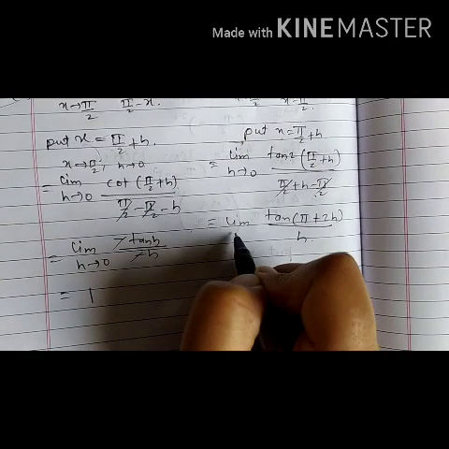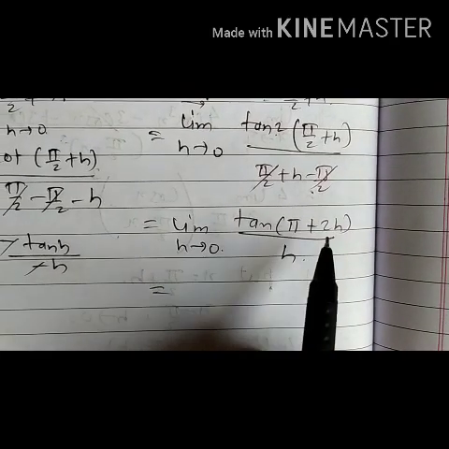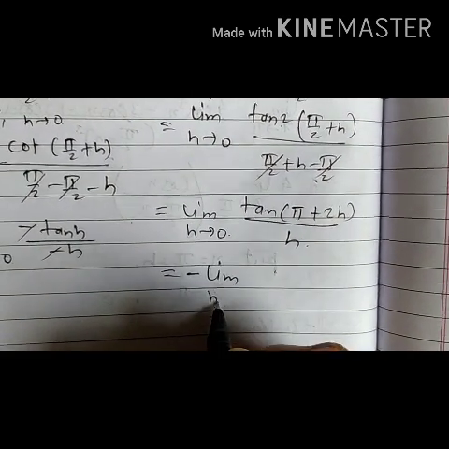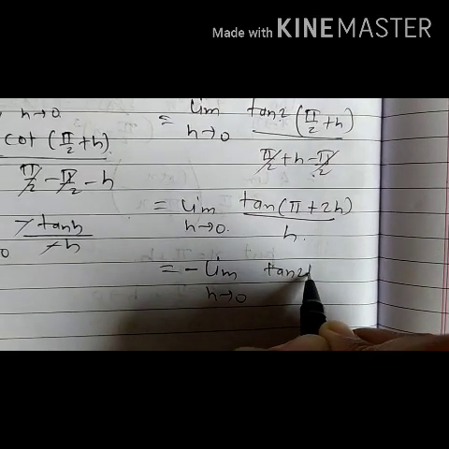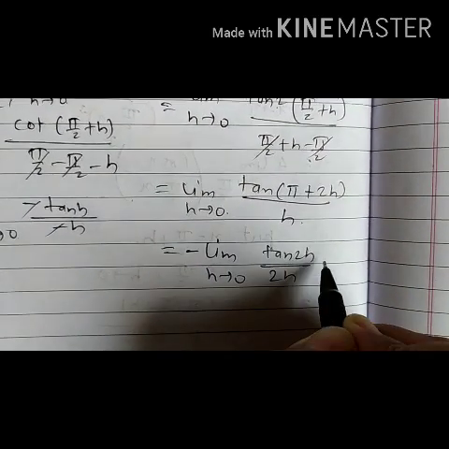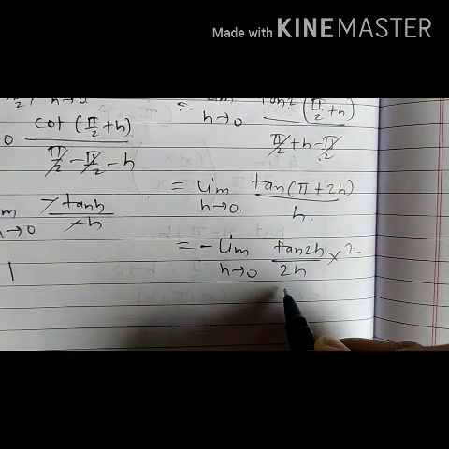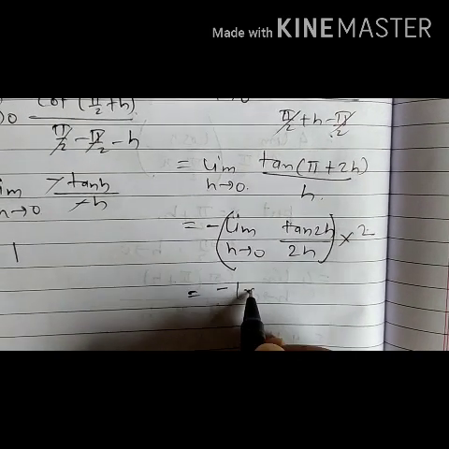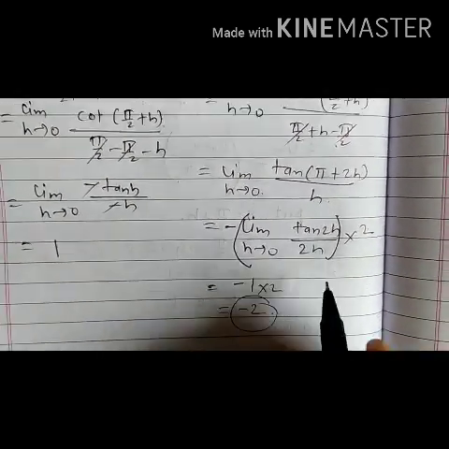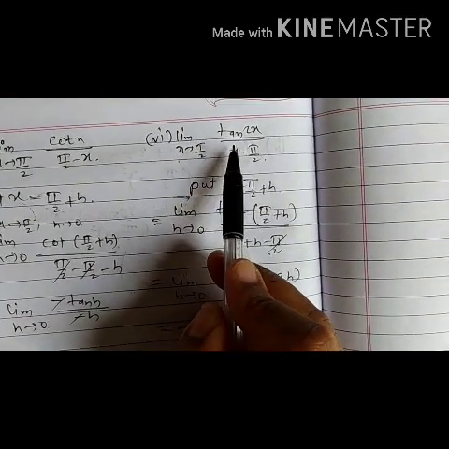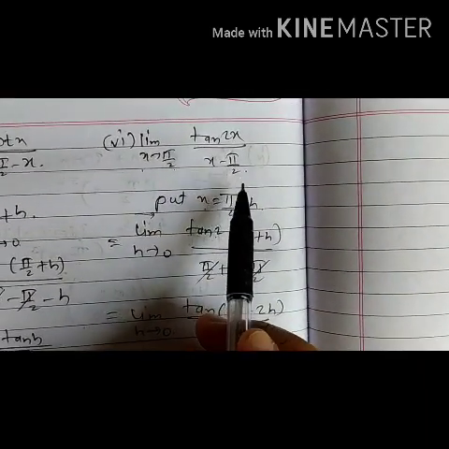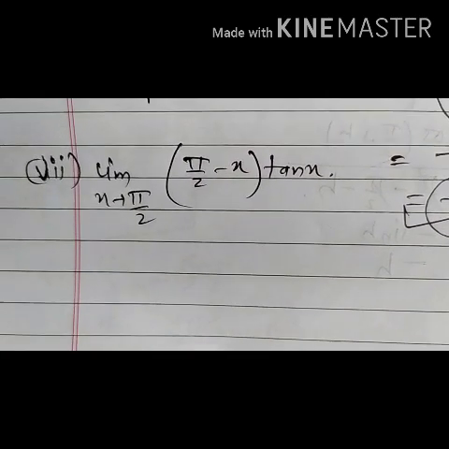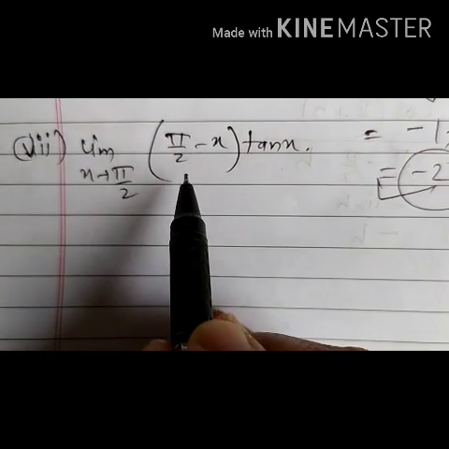Yes, limit as h tends to 0. So tan pi plus theta is minus tan theta. So we'll take the minus sign outside. Limit as h tends to 0, tan of 2h upon h. Now we need 2, so we'll multiply and divide by 2. So we have this limiting value as 1. So minus 1 into 2, that is minus 2. So limit as x tends to pi by 2 of tan 2x upon x minus pi by 2 is equal to minus 2. Understood?